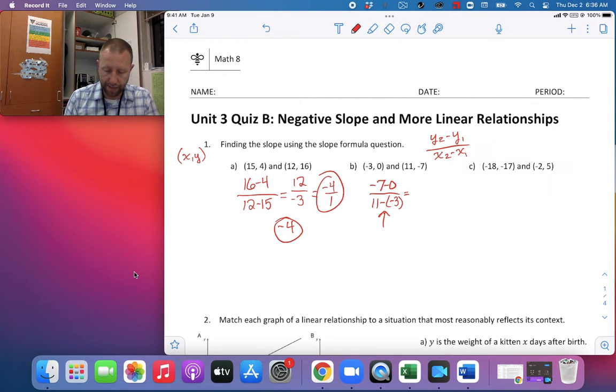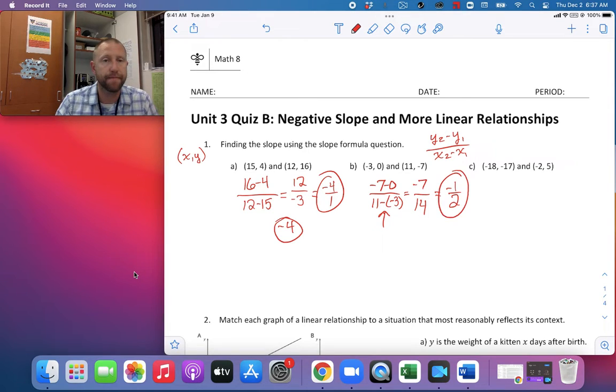So yeah, negative 7 minus 0 is still negative 7, but 11 plus 3, because 11 minus a negative, that's really like 11 plus 3, is 14. And then that simplifies to negative 1/2.